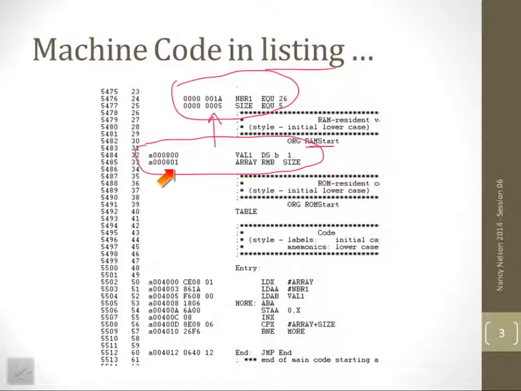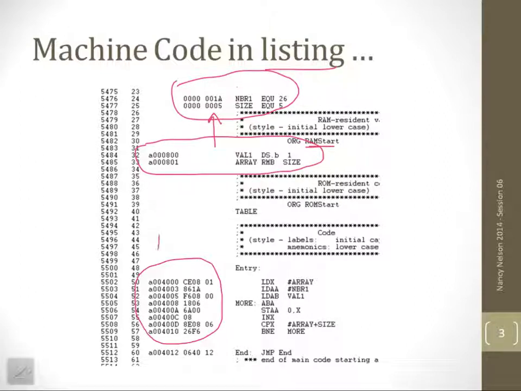So value is stored at address 800. Array, which has a size of 5, starts at address 800, so it's going to be 801, 802, 3, 4, and 5.